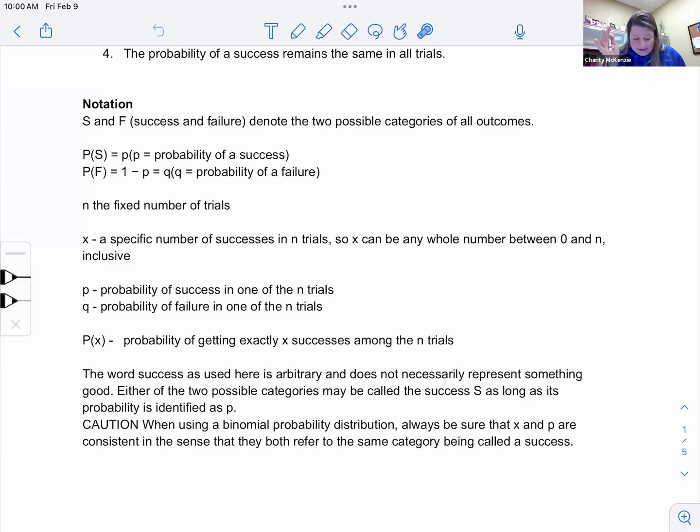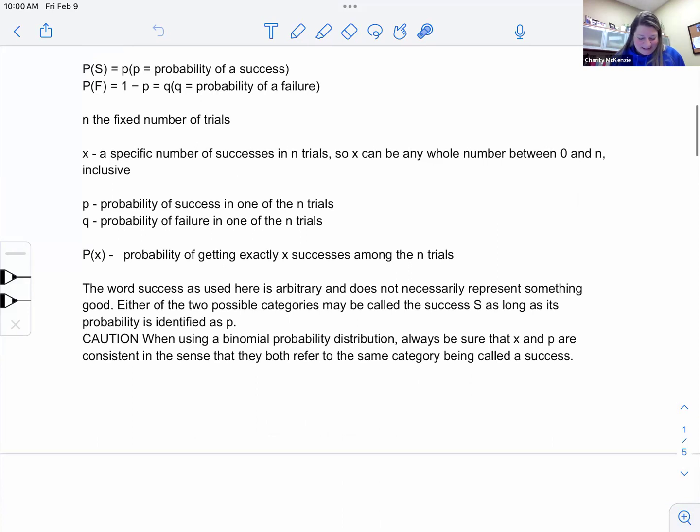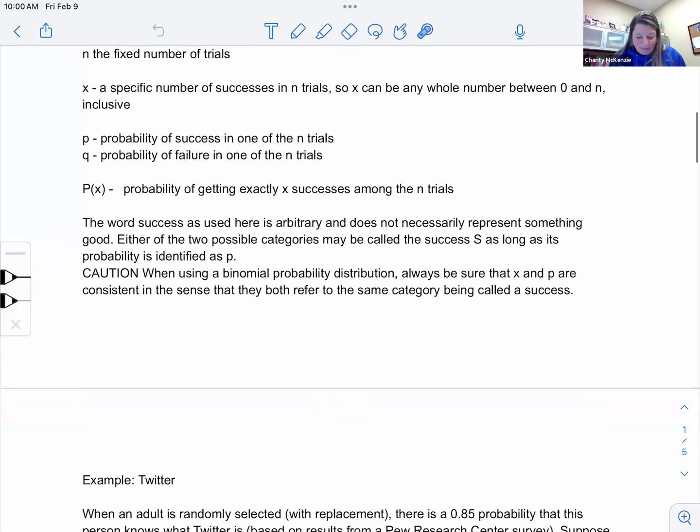It'll make more sense when we look at a problem, but X is just that number of successes. I don't think I said that very well, but let me look at an example. So our P and Q become what we use instead of S and F, and X is the number of successes out of the trials. That's what I was trying to get out.